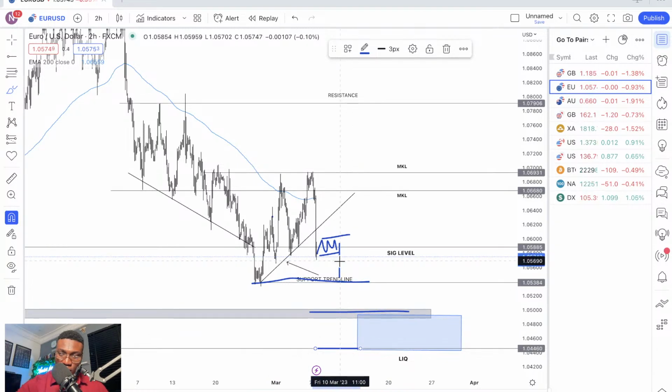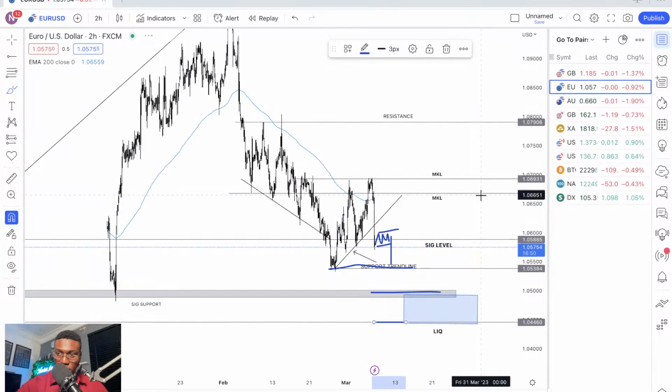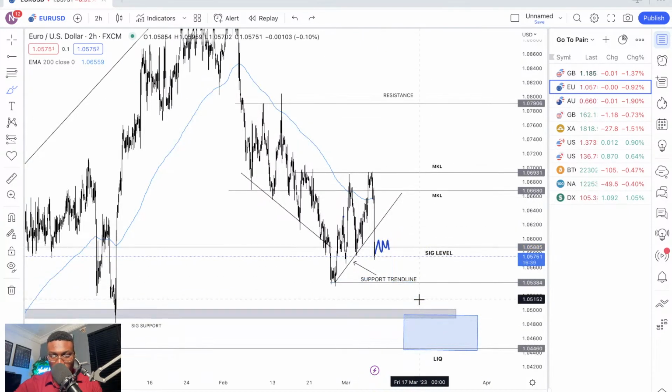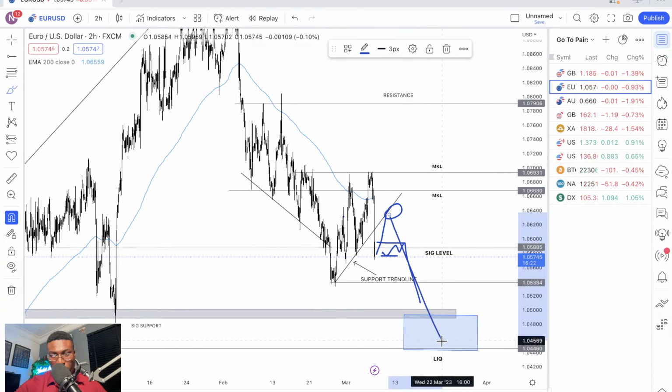So that's what you want to look out for on the euro dollar market. So you can look for sell opportunities here. Or you can also look for sell opportunities if the market pulls back to the upside and then starts to show rejection here. So you can take your sell trade.